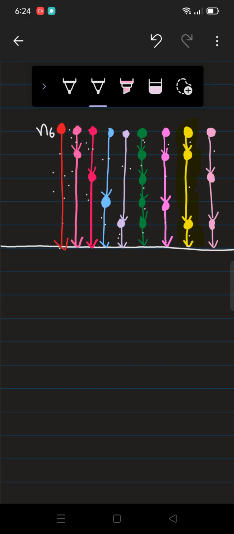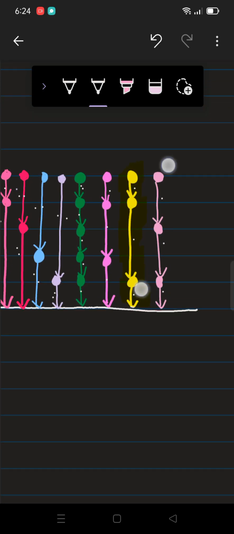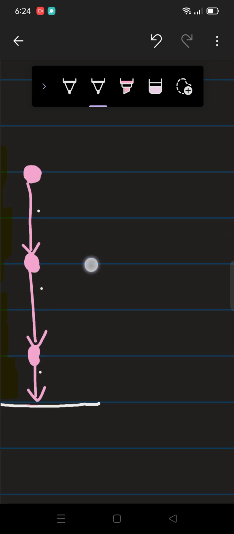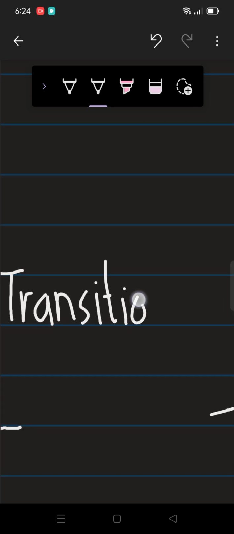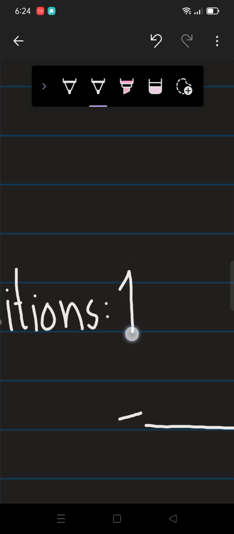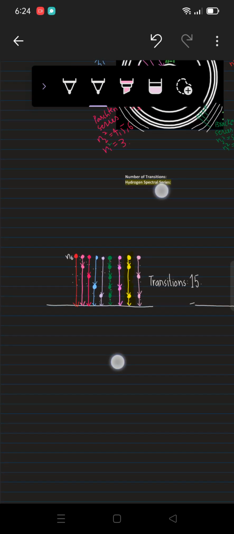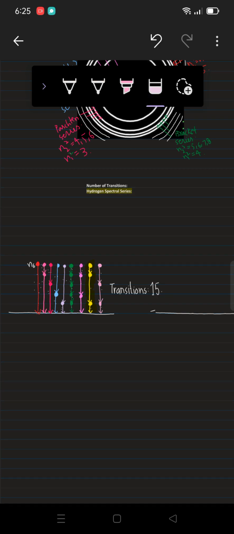This would not be counted. 15, and this would not be counted, right? So how many total transitions did we get here? The total transitions we got here are 15, right?